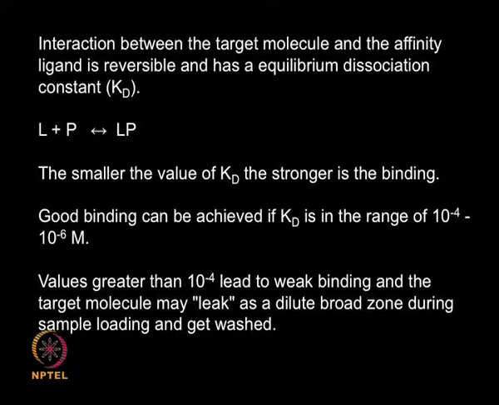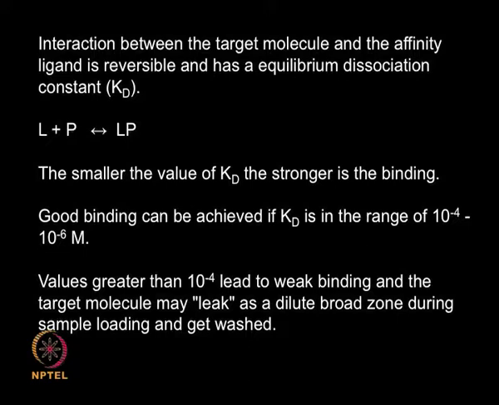So the interaction between the target molecule and an affinity ligand is always a reversible process and it is an equilibrium process. So there is something called a dissociation constant. So if L is the free ligand, P is the protein, it forms a complex called LP and this is a reversible reaction, okay. And this equilibrium dissociation constant is called Kd.